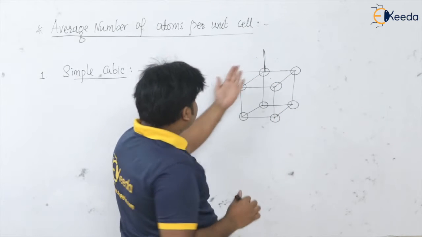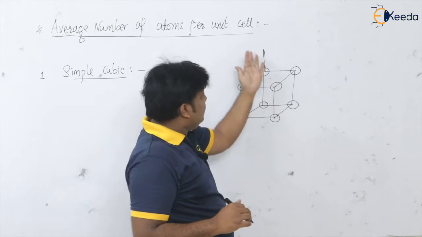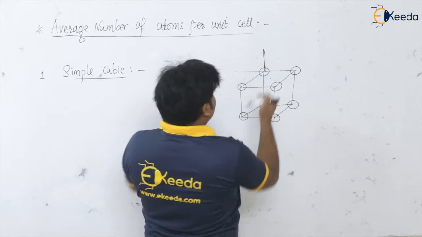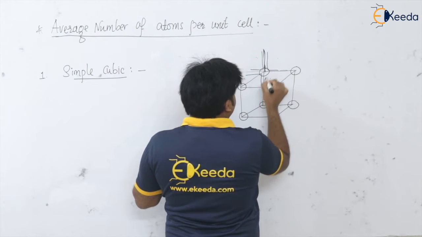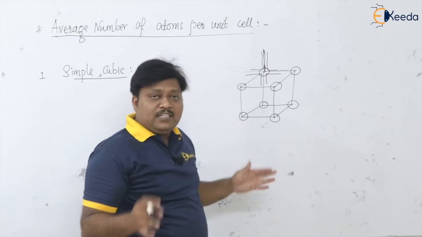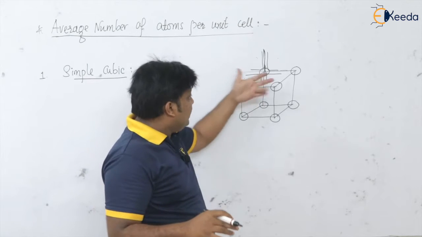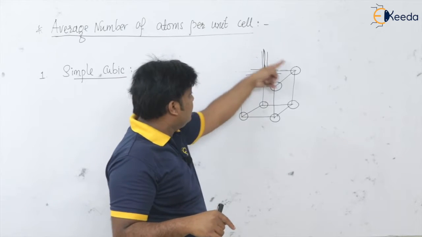We can have at back side and from the front side also these 4, 1, 2, 3 and 4. So definitely, this corner atom is going to be shared by the 8 cells, isn't it?